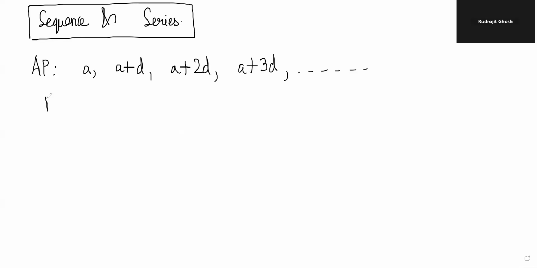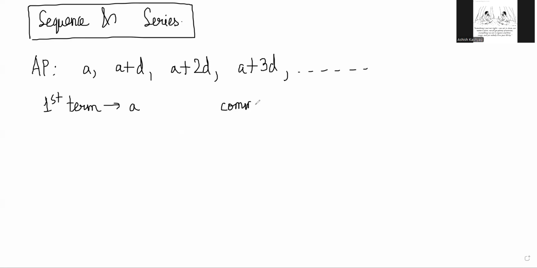Yes, sir. There will be a first term of an AP which will be A, let's say, and there will be something called a common difference. And the common difference is D. Now, you can say that this is T1, this is T2, this is T3, and so on.